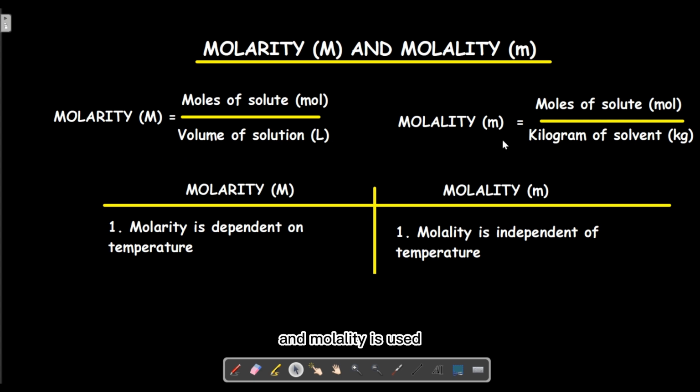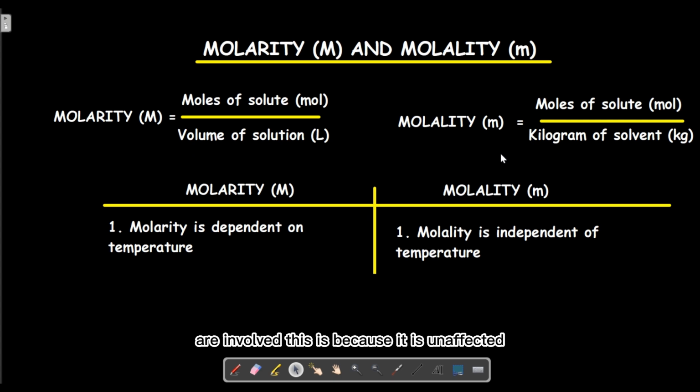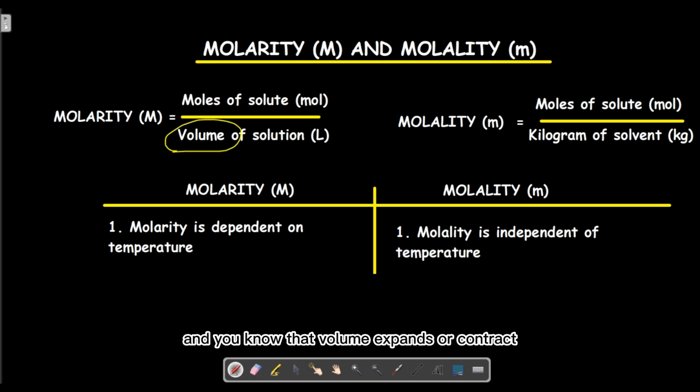And molality is used when dealing with situations where temperature changes are involved. This is because it is unaffected or independent of temperature, while molarity is affected by temperature because it depends on volume.